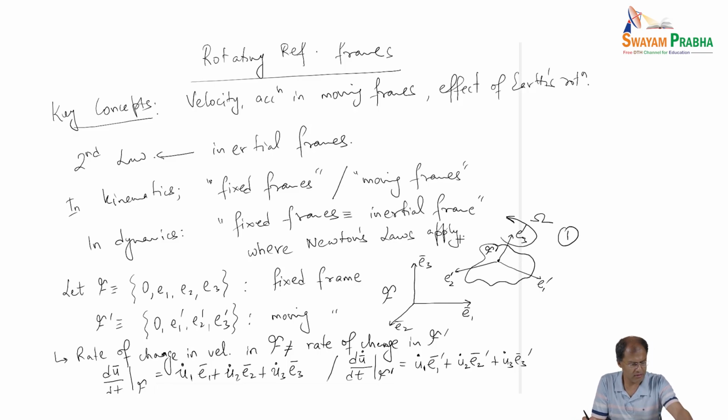So what we have is that we have a particle. This is O prime, and we have, let's say, a particle P, and we are trying to observe the motion of this particle P. This is its position vector with respect to this frame, E prime, and with respect to the fixed frame O it is E, right?